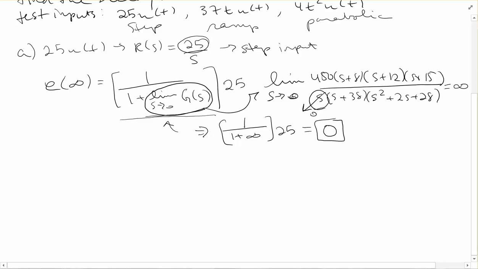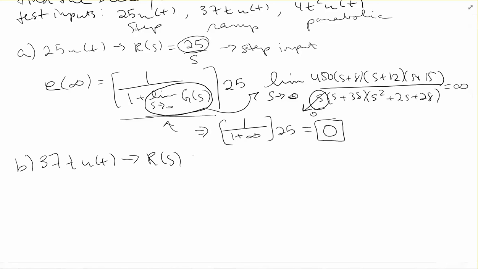Now I'll do the same thing for the ramp input. So we have 37 times t times U of t. We need to get R of S. Again, you would look up in your Laplace transform tables, and we would see that that's 37 over S squared.